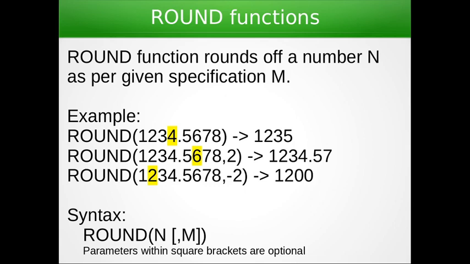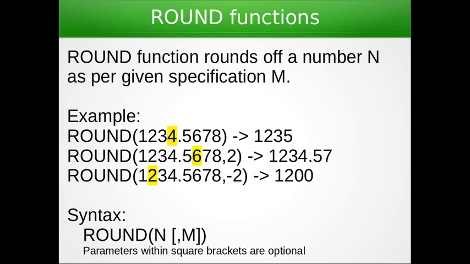Clear? Now the next one you see, round same number comma 2. Next one you see, the same number comma minus 2. So you have seen that in the last two examples, first we have taken positive m and in the next one we have taken negative m.